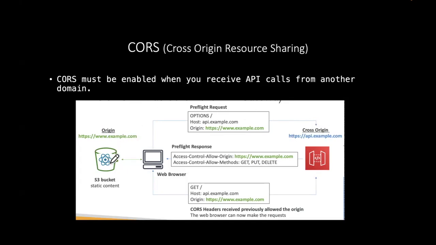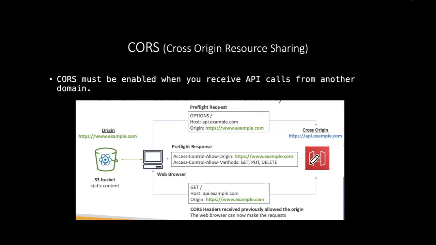That means that when my React app sends a request to API Gateway, because it's two different domains, the way it's going to work, as you know, is the browser will send what's called a pre-flight request, essentially asking the gateway, do you accept requests from this other domain, i.e., www.example.com?